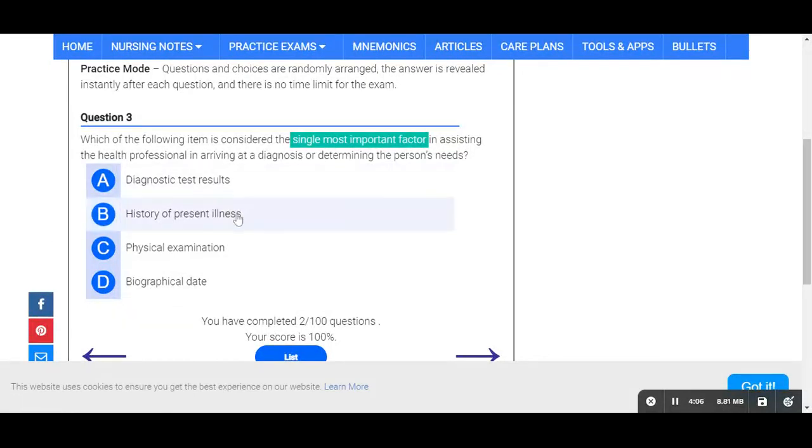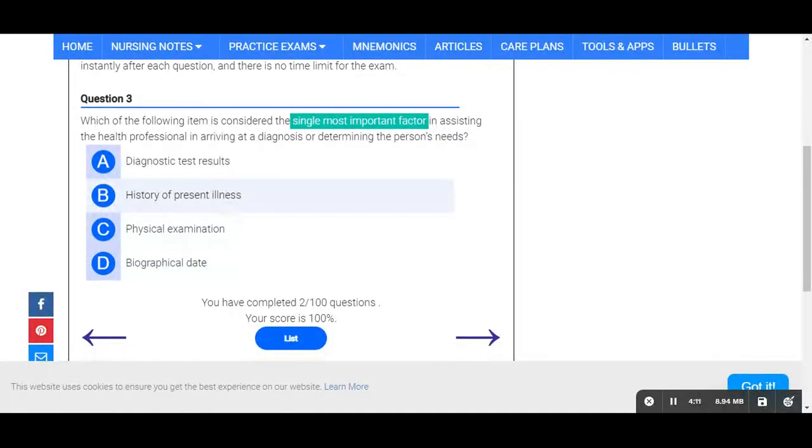I'm doubting between diagnostic test results and history of present illness. Because history of present illness is the current complaint of the patient, and diagnostic test results identify the laboratory values. The history of present illness is the complaint of the patient, whereas the diagnostic test results verify the complaint of the patient. It provides the exact values.